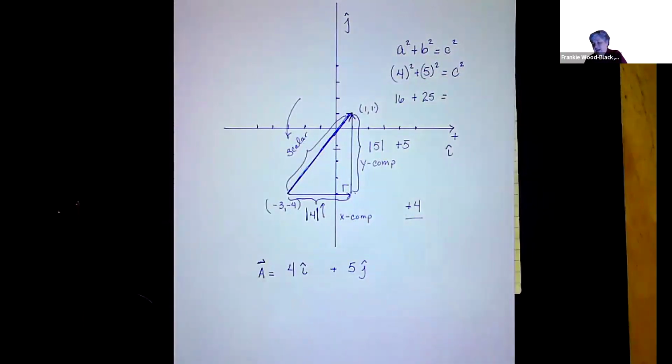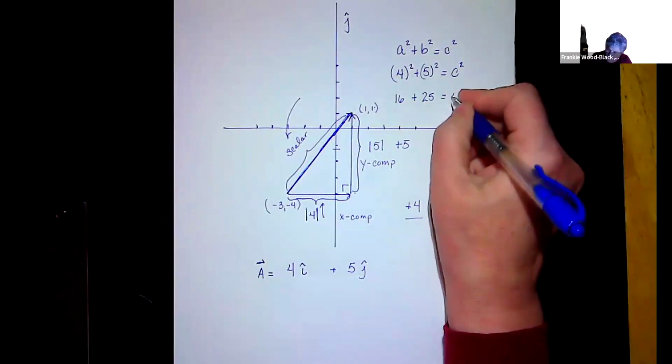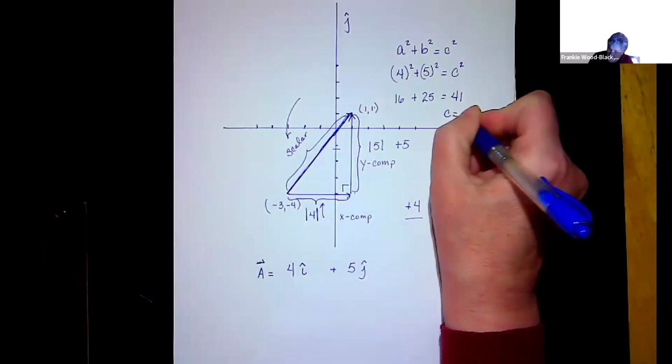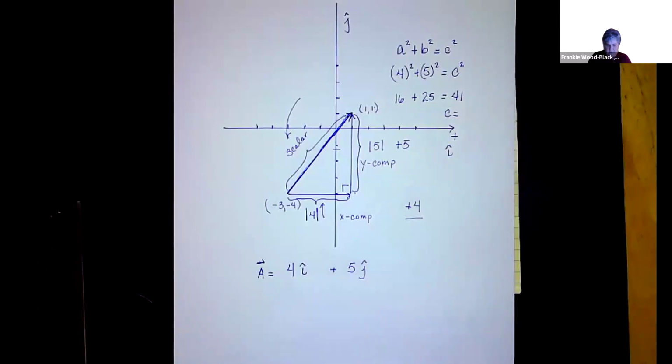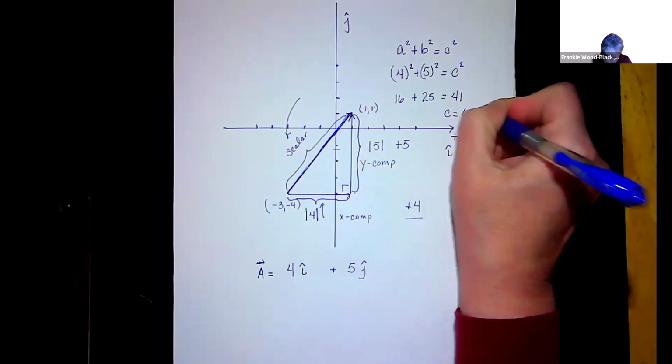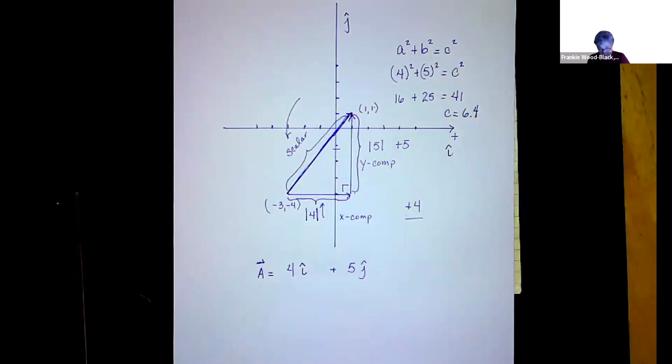And so if I add those two numbers together, and it's after 5 o'clock, so I don't want to get funky, and we always do that. So I've got 41, and then I have to find c. The value of c is going to be the square root of 41, and that's going to be 6.4, whatever my units are.